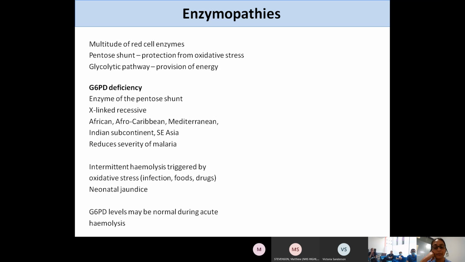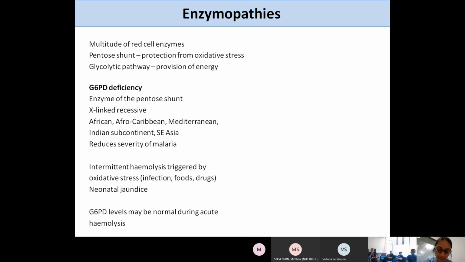The most common enzymopathy that we see is G6PD deficiency, which is an enzyme of the pentose shunt. It's an X-linked recessive disorder, and it's predominant in African, Afro-Caribbean, Mediterranean, Indian subcontinent, and Southeast Asian people.